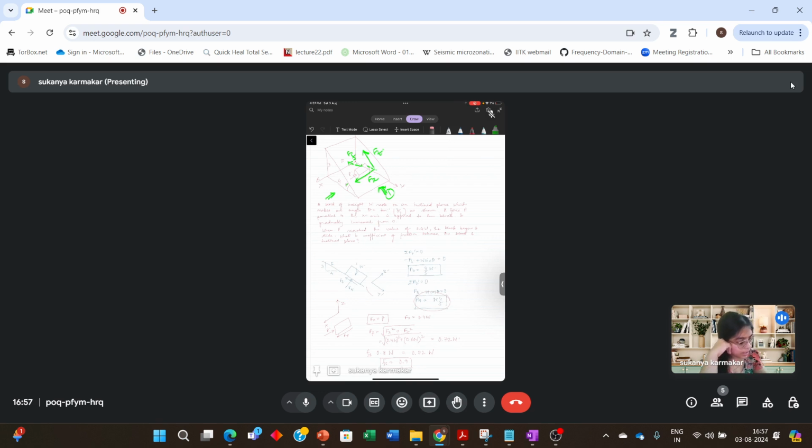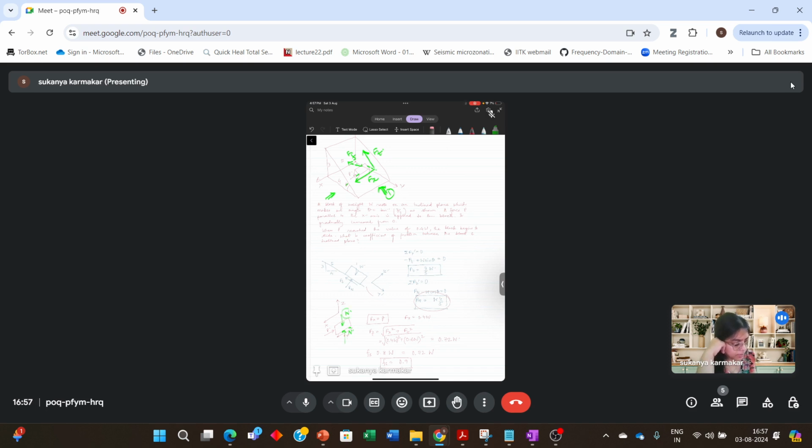Suppose when you are looking at the block from this direction, this force P is in the x direction, Fx is also there in the x direction, but in the z direction you will also have W. You can't leave out W. So you will have a normal reaction here as well.